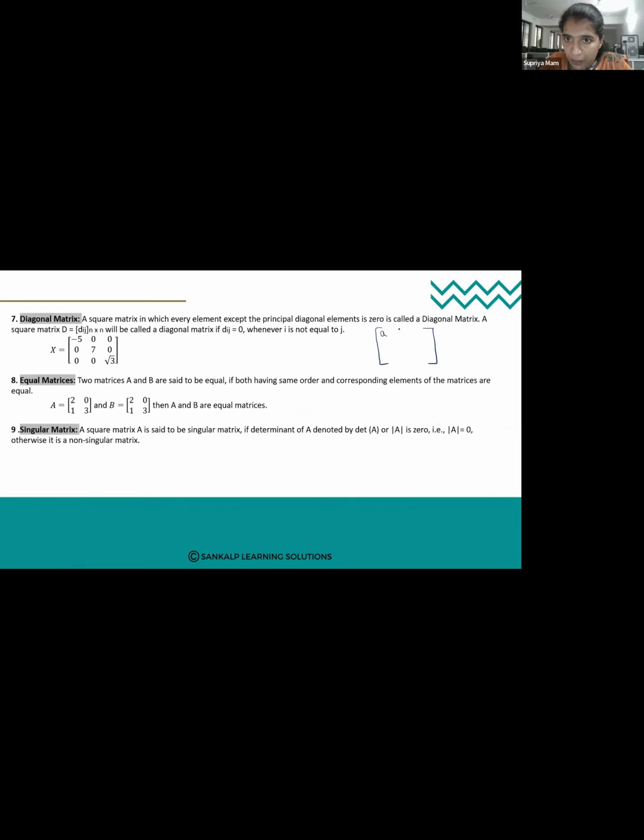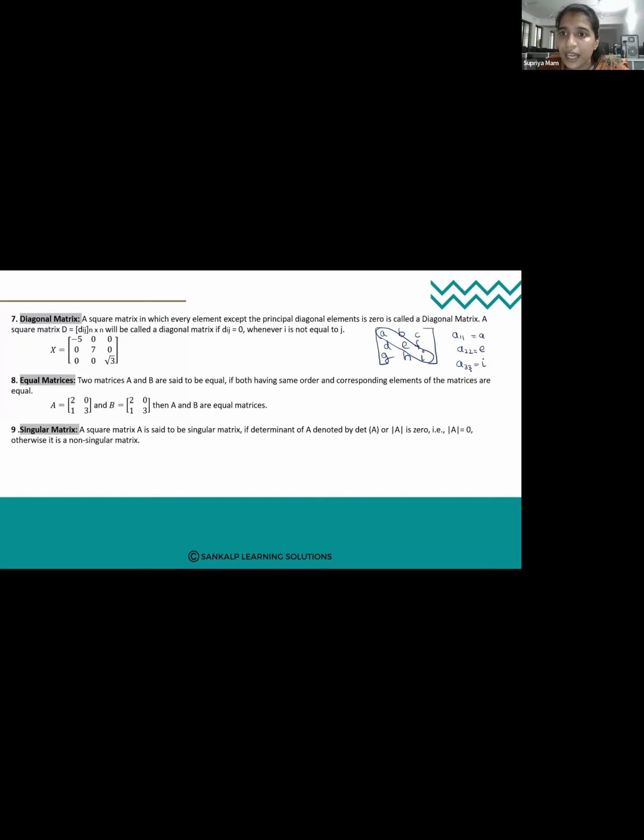I'll consider a square matrix A, B, C, D, E, F, G, H, I. Consider the entries A, E, I. A is the 1/1 entry. E is the 2/2 entry. I is the third row, third column entry.